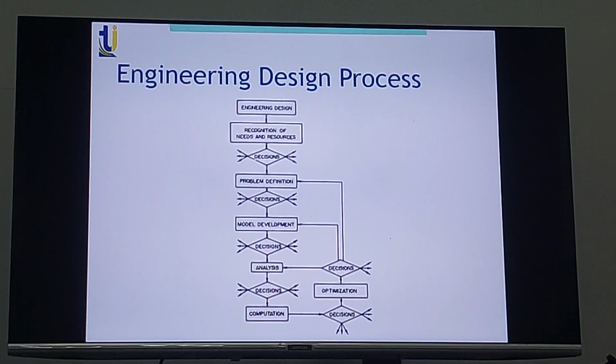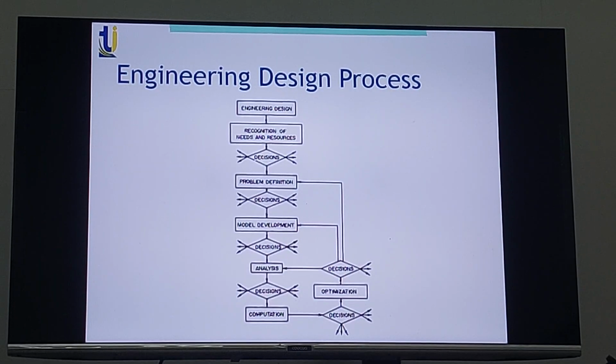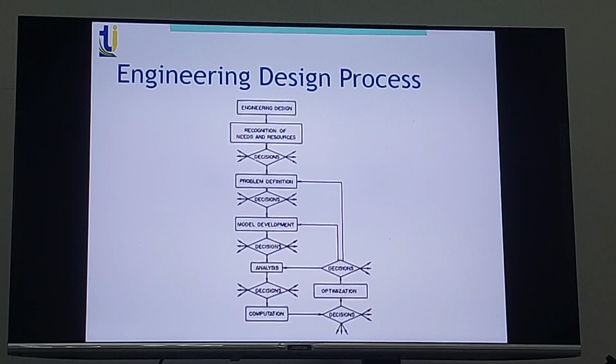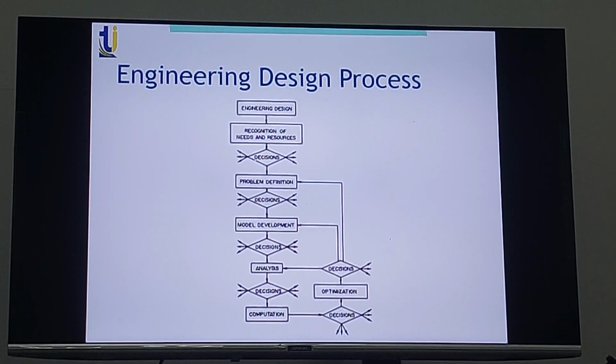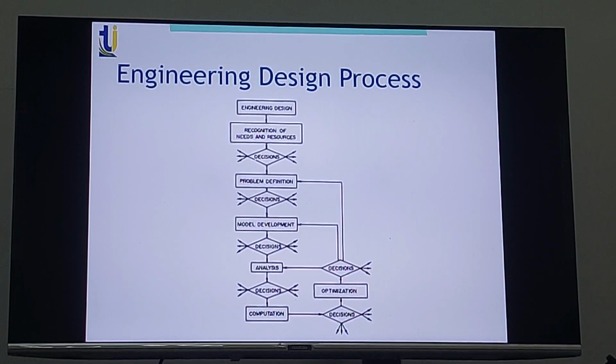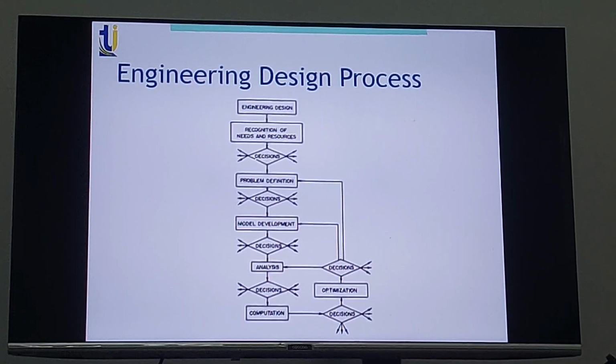Engineering design. This is when you find a problem. This is one common way chart: the recognition of needs and resources. You know what you want, what you need, and what resources you have, and then you find the problem definition.